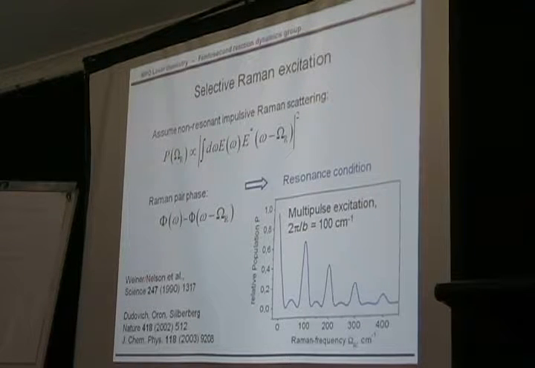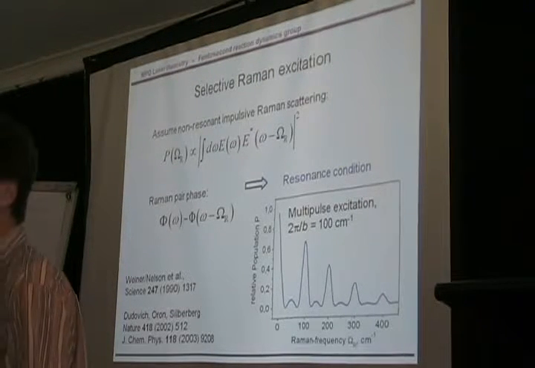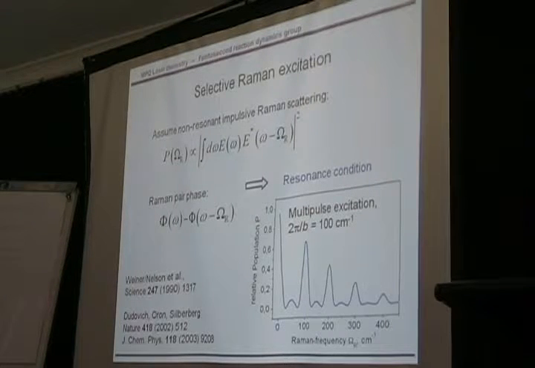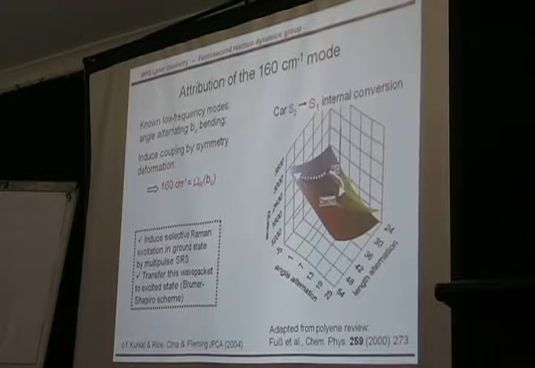And this is the same thing as saying that you have interference between Raman pulse pairs. So you hit the resonance of the system. So what may be happening here is, by having these 160 wave numbers, we selectively excite the system into a 160 wave number mode and not into all the others. So this may be it.